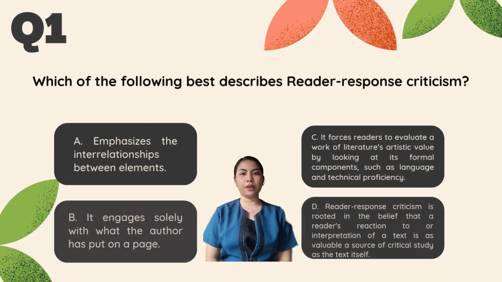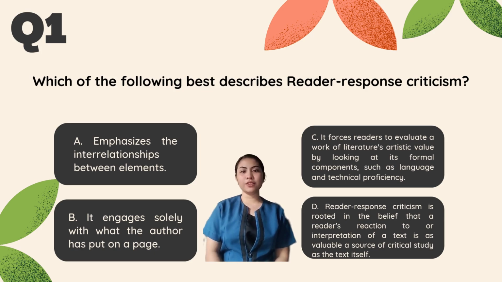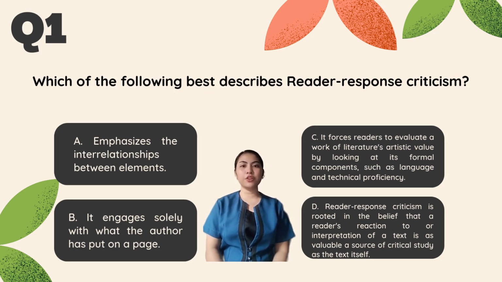For question number 1, which of the following best describes reader response criticism? Letter A, emphasizes the interrelationships between elements. Letter B, it engages solely with what the author has put on a page.